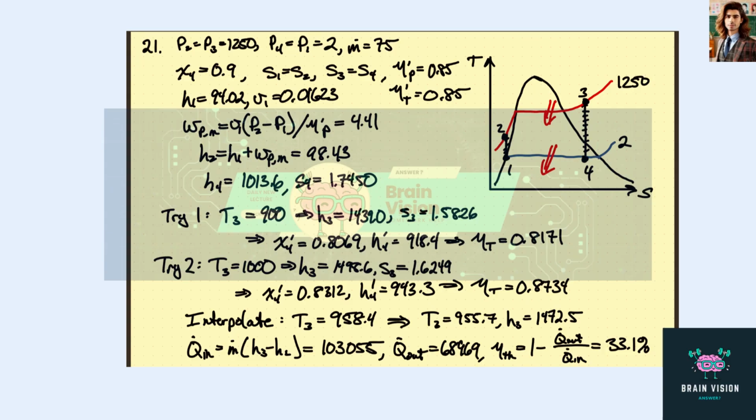It should have a little more entropy than at 3. So this should be 3 here, and then 4 prime would be here, because we still need the quality factor at 4 to be 90%.